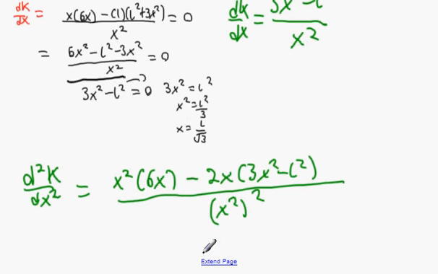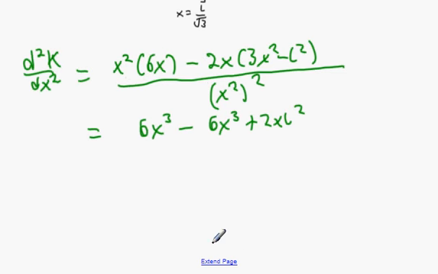Then once we have that done, we're going to get 6x cubed minus 6x cubed plus 2xL squared over x cubed greater than 0.